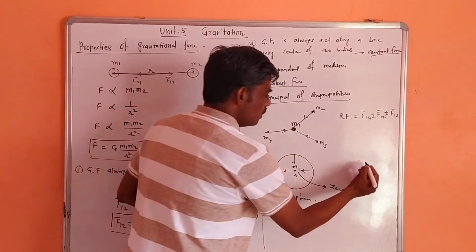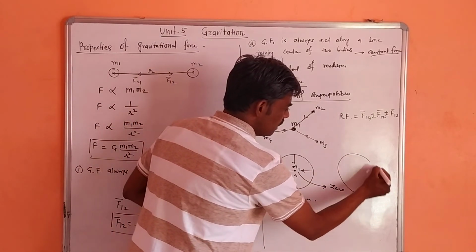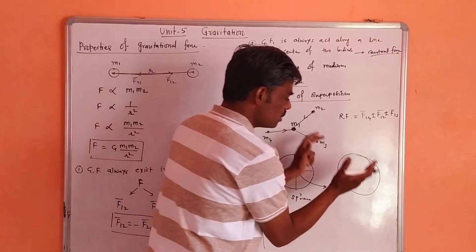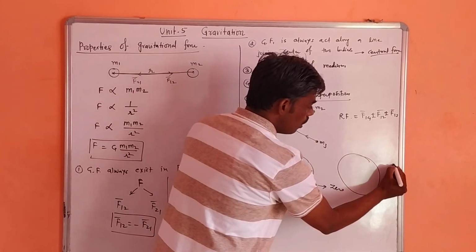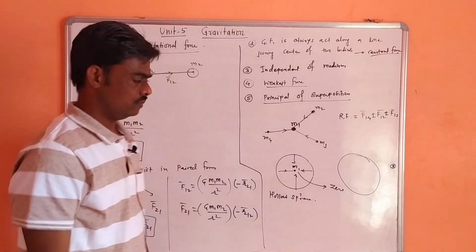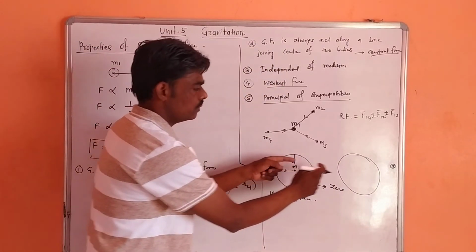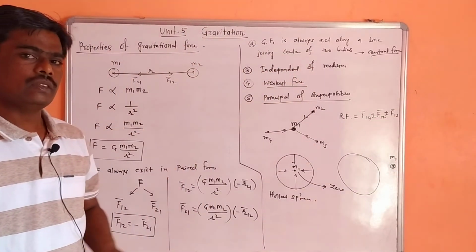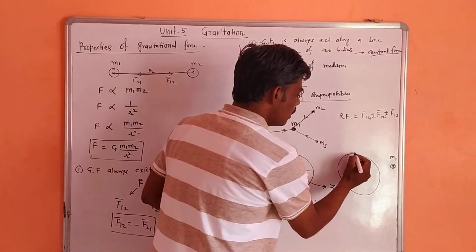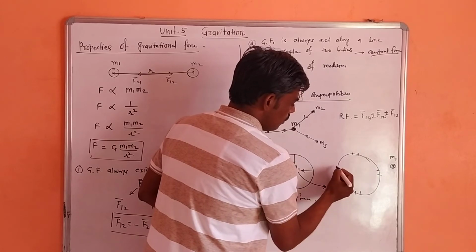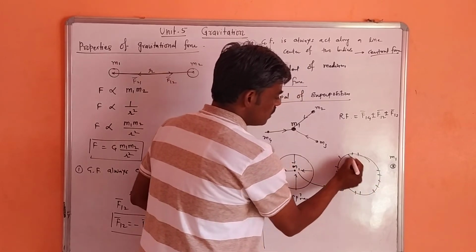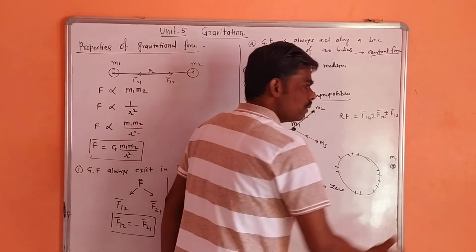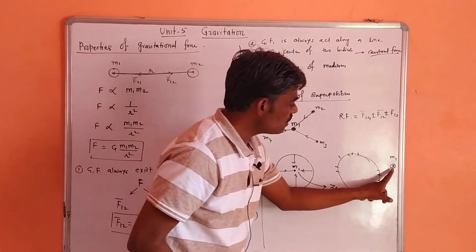Suppose the same hollow sphere, and we are going to find the gravitational force exerted by this hollow sphere on an outside point; this is inside. Now suppose this mass m1 is present outside. Then also, each and every mass present on the rim will exert gravitational force on this mass m1.